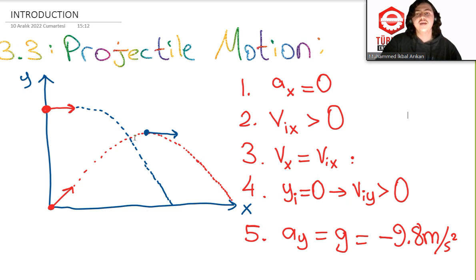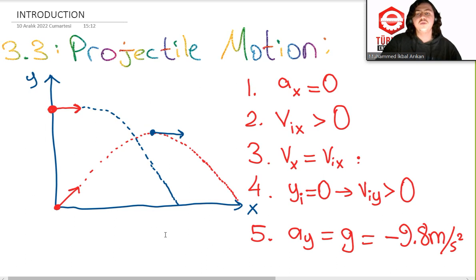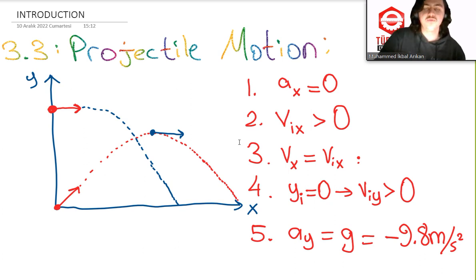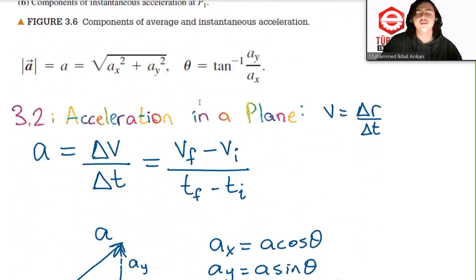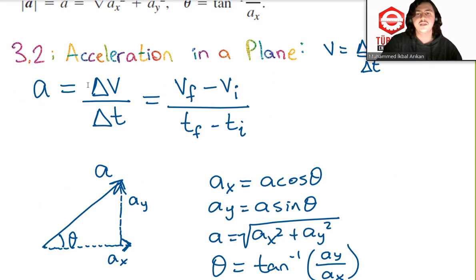So now it's time to put our kinematic equations for projectile motion. I will take the case here, just a projectile motion, to see what our formulas are. Okay. Now I'm going back to acceleration in a plane, which is section 3.2.